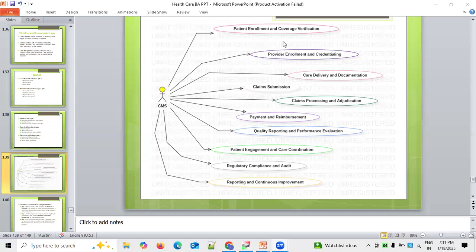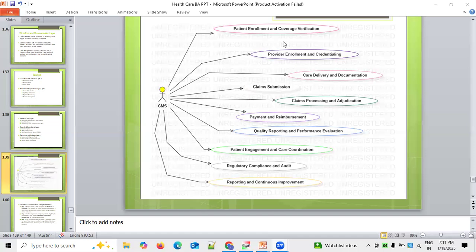The remaining ones are administrative activities like quality reporting and performance evaluation from the user side. Next, how are we going to engage patients and how are we going to provide quality care, what kind of quality care activities have to be performed, what kind of quality care standards we have to follow. These all come under patient engagement and care coordination.